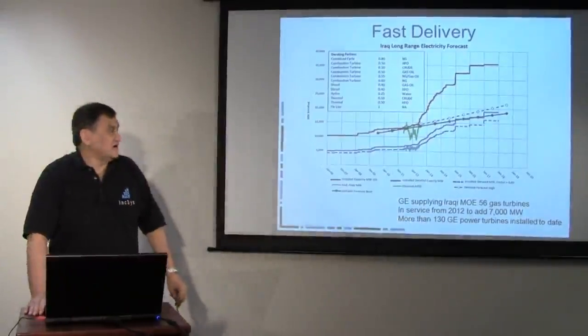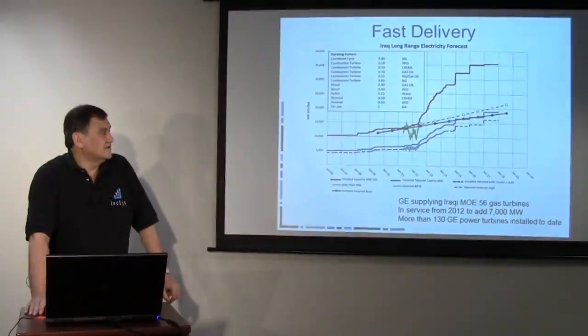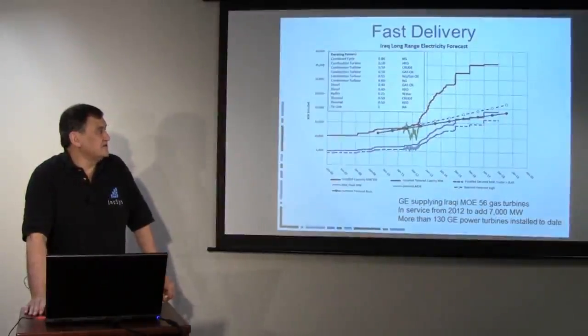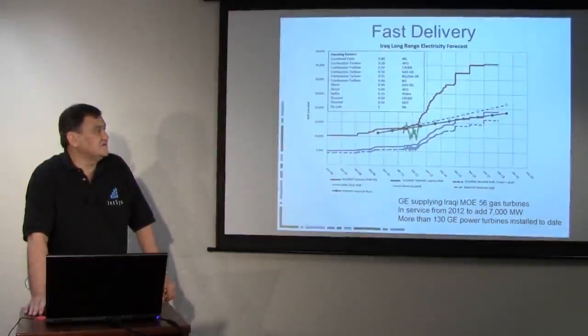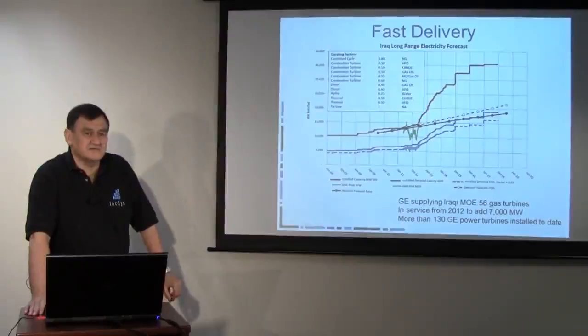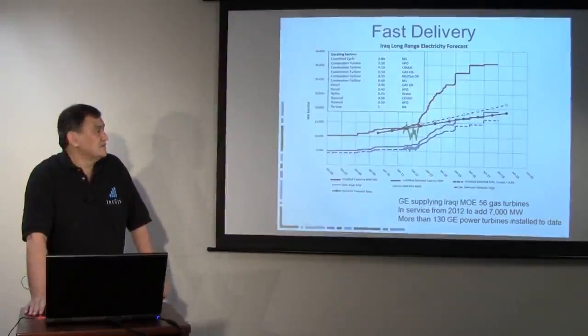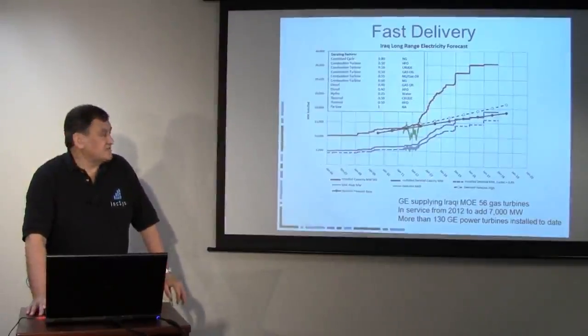So literally, predominantly, the rapid increase in the supply of electricity in Iraq is being supplied by gas turbines, and in the future it will move to be supplied by combined cycle units. So that's just one example where through standardization of the packaging you can add an enormous amount of capacity in a very short period of time.